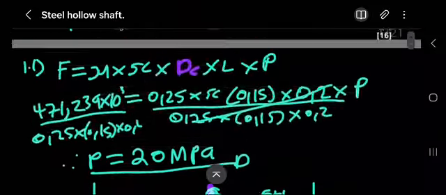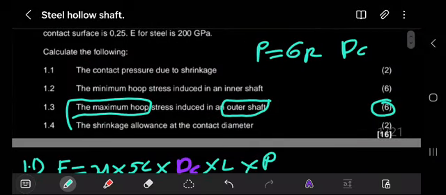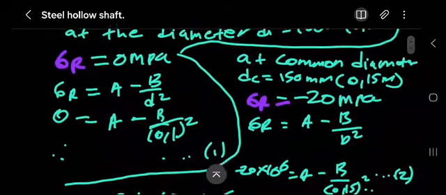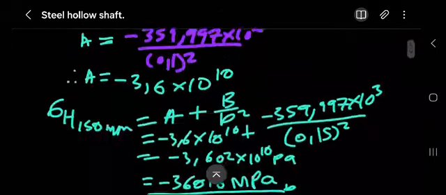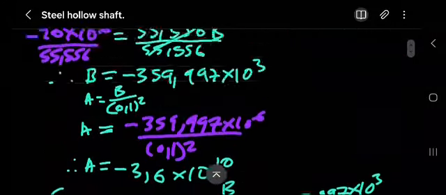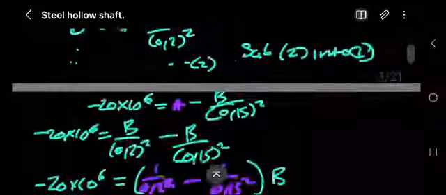What else? The shrinkage allowance at the contact diameter. Okay, the shrinkage allowance, as we know. Shrinkage allowance at the common diameter, the last question there.